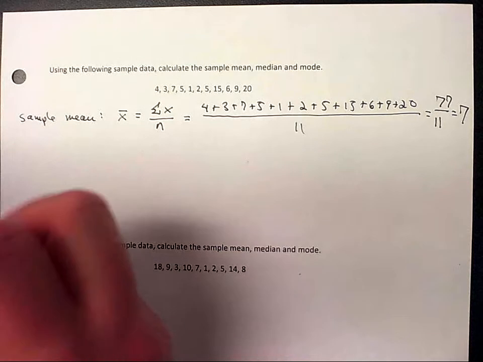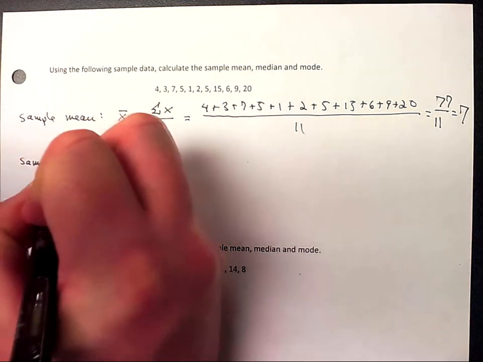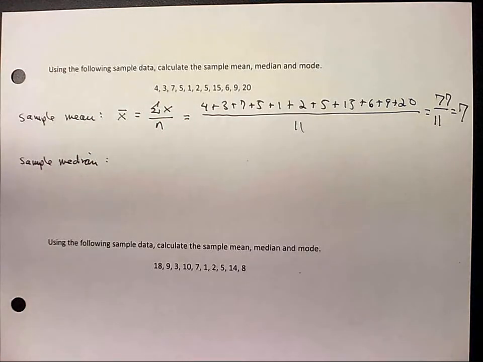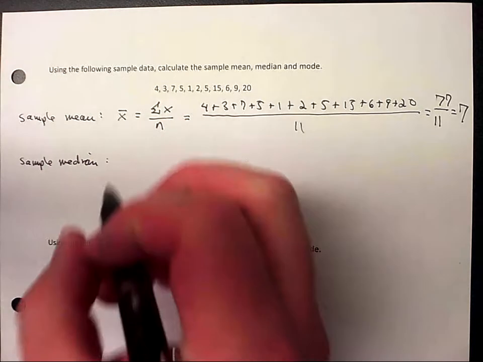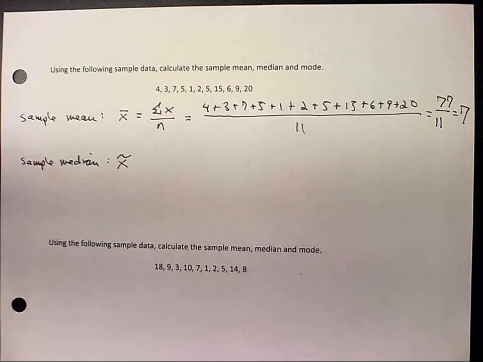Next thing it's asking us to do is to find the sample median. What's our symbol for the sample median? X tilde. All right, and remember this is the descriptive statistic where we have to do one or the other thing depending on whether we have an even or odd number of values.